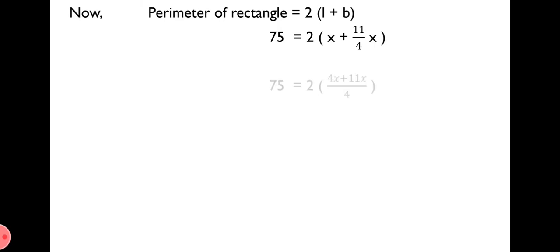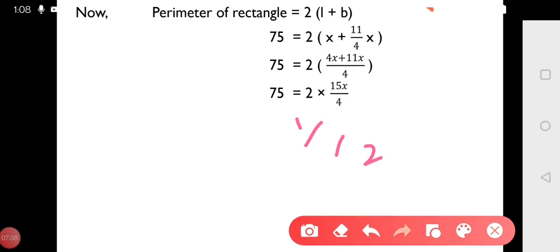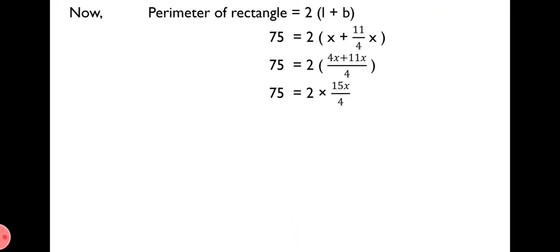So that is 75 equals 2 into (4x plus 11x) upon 4, that is 75 equals 2 into 15x upon 4. Here you can cut 2: 2 ones are 2 and 2 twos are 4. So we get 75 equals 15 upon 2 x.